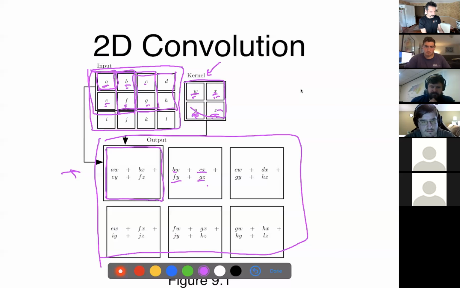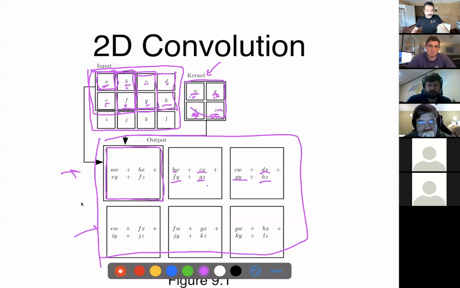Here, you get C, W, D, X, G, Y, and H, Z. And the same here on the second row as well, right? So imagine a window kernel, again, small, the input is large, you slide it to produce the structure of the output you want to have.